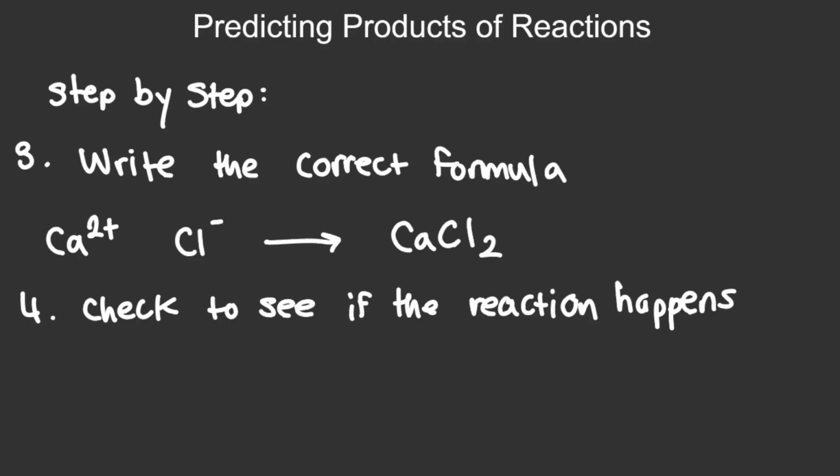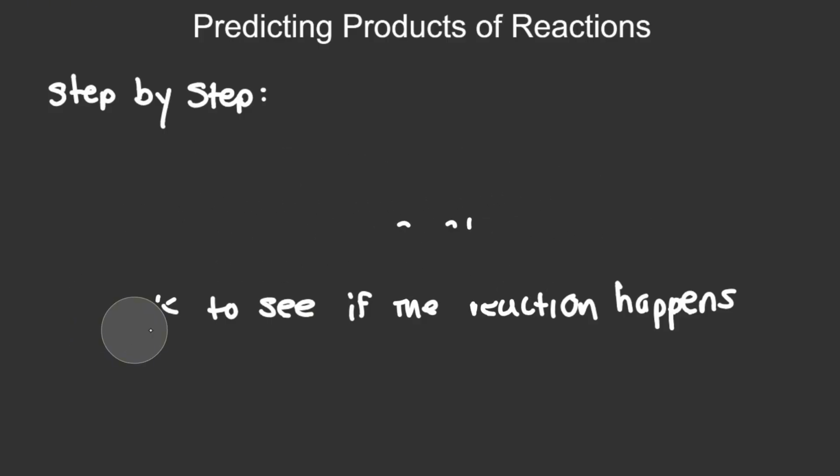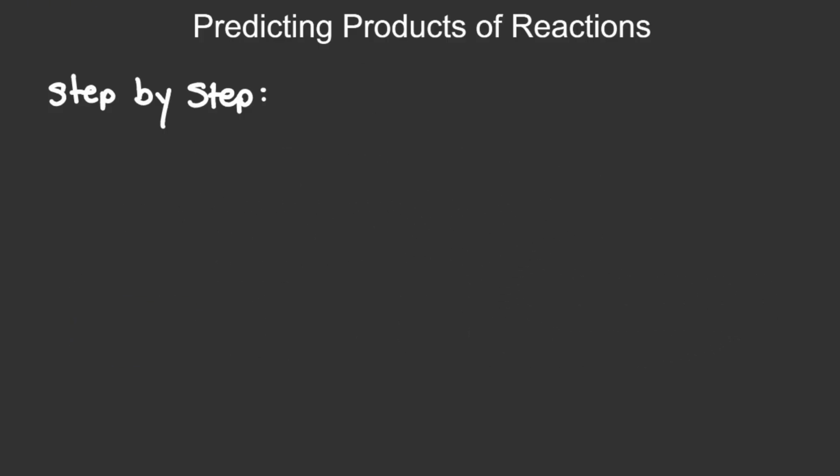For a single replacement, we want to use the activity series. For a double replacement, check for a precipitate, gas, or water being formed, because that is when we'll know it is a double replacement reaction. Once we've figured that out, we move on to step 5, the final balancing step. So step 5, balance.